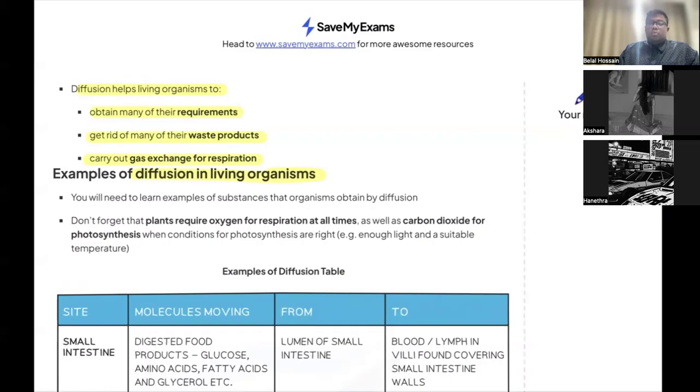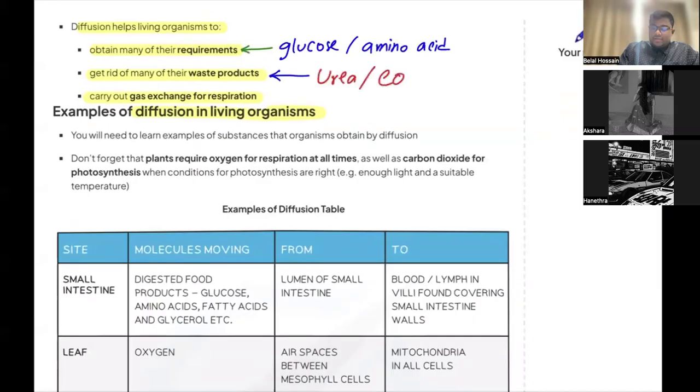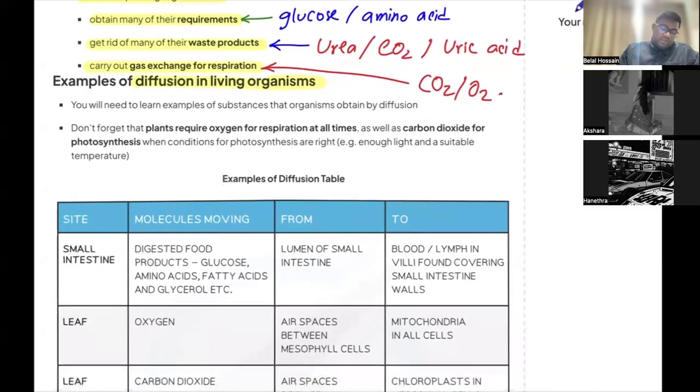Now we will talk about why and what the requirements are. For requirements, we mainly mention glucose and amino acids. For waste products, we mention urea, carbon dioxide and things like uric acid. And gas exchange mainly refers to carbon dioxide and oxygen. These are the gases we would like to exchange.